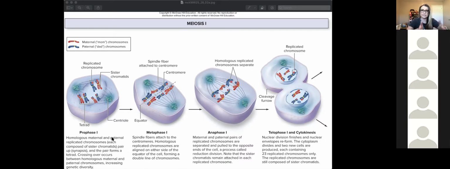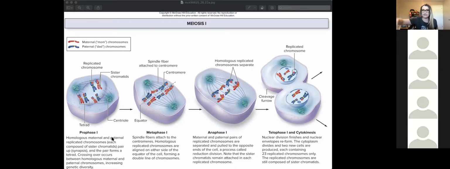rows. Now, this is different from mitosis, because in mitosis, remember, those homologous pairs didn't really care about each other. So all the chromosomes in mitosis just formed one plane. They were all in one line. But here, metaphase 1 of meiosis, you have 2 lines of these homologous chromosomes.